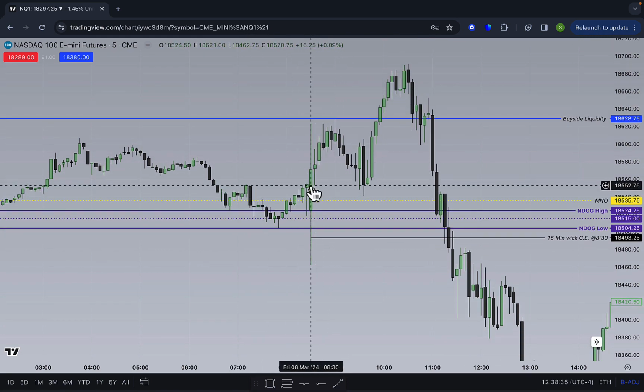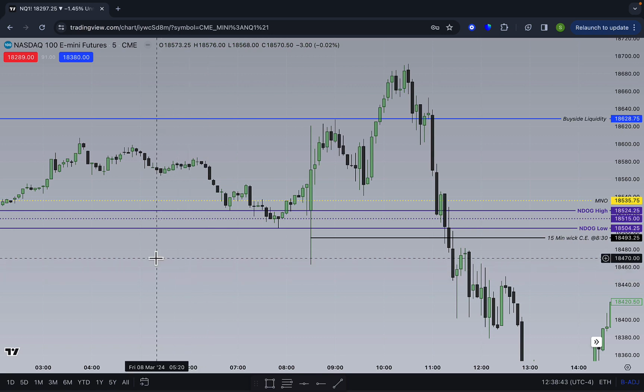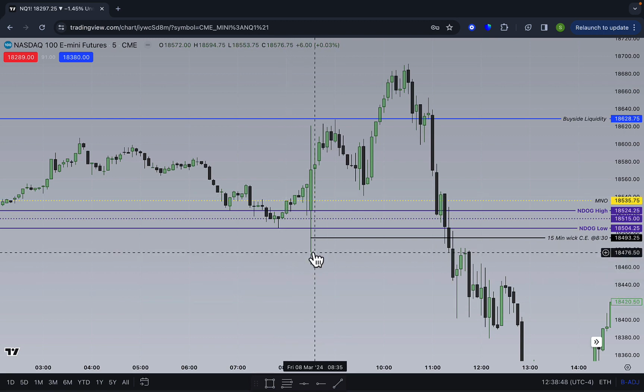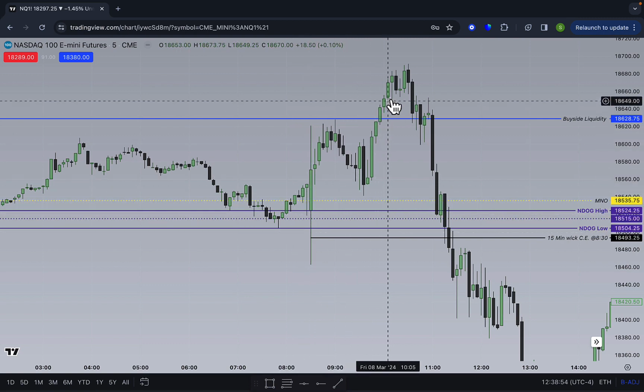So of course, 8:30 is another time that you want to plot on your chart. 8:30 open, that is the CME open. You want to have that and midnight marked on your charts. So this is 8:30. Obviously, opening price here, midnight there. We rally up, up, up.